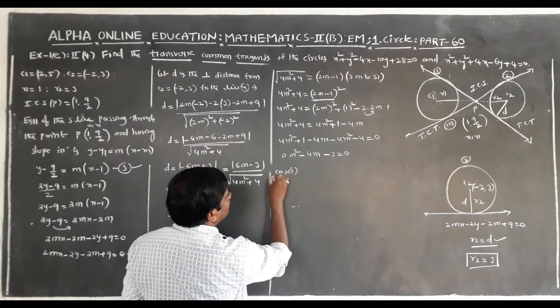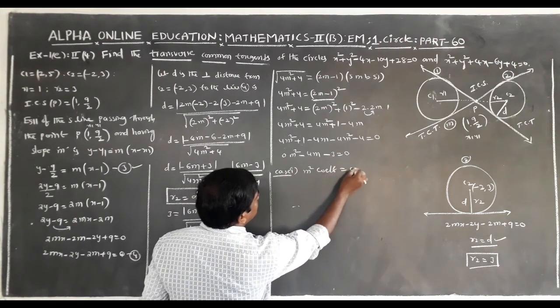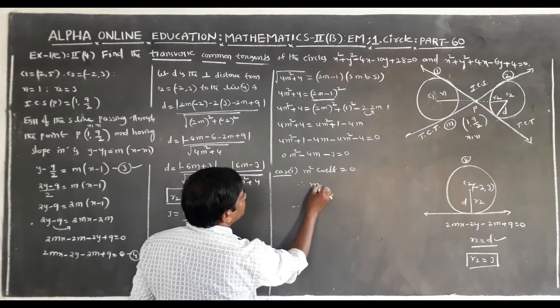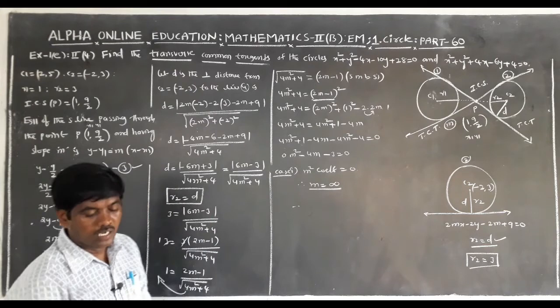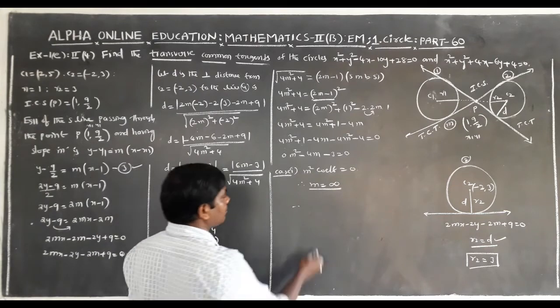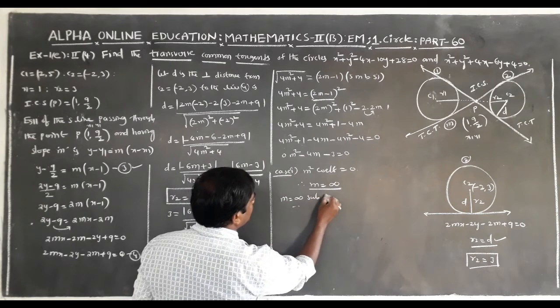Here case 1: m square coefficient is equal to 0. So m is equal to infinity.